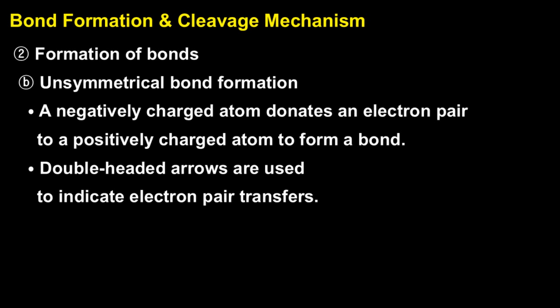Alright, now let's move on to unsymmetrical bond formation. This happens when one atom donates a full pair of electrons to another atom, usually one that's electron deficient. It's a key feature of polar reactions, where you've got an electron-rich species interacting with an electron-poor one. And when we draw these mechanisms, we use double-headed curved arrows to show the movement of that electron pair.